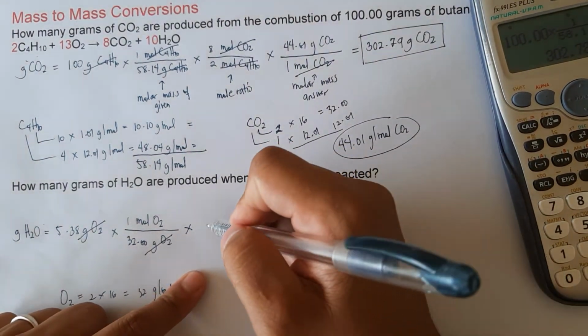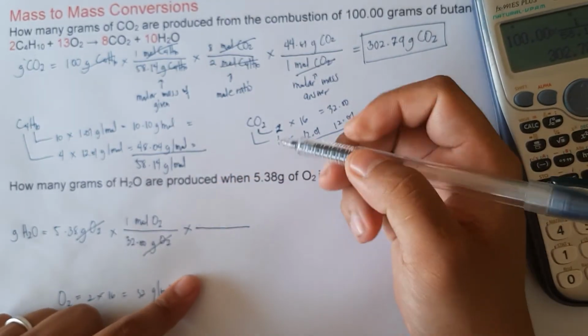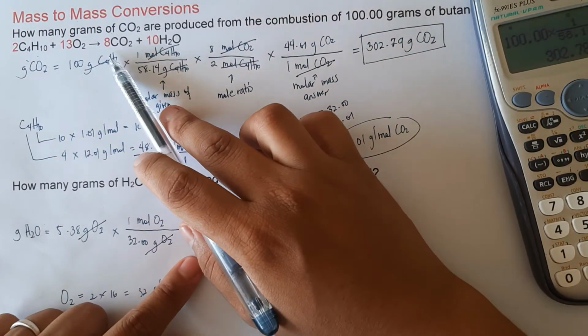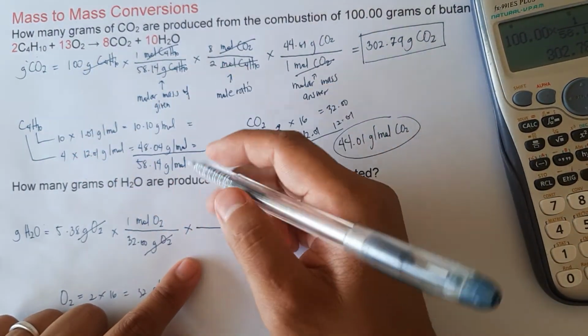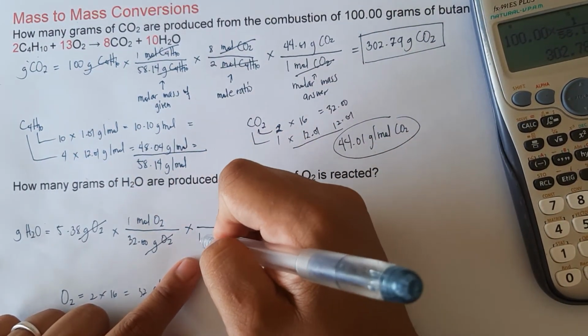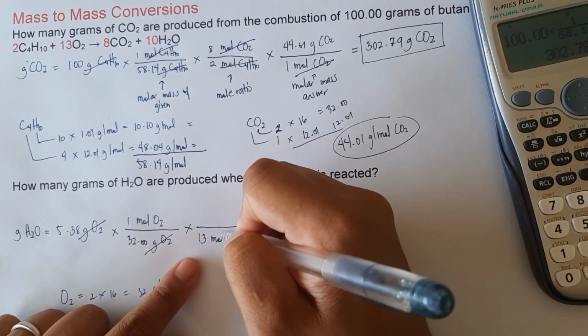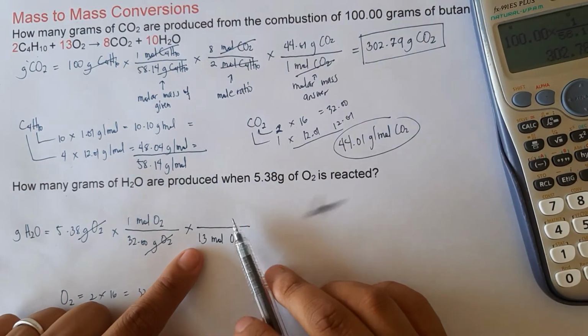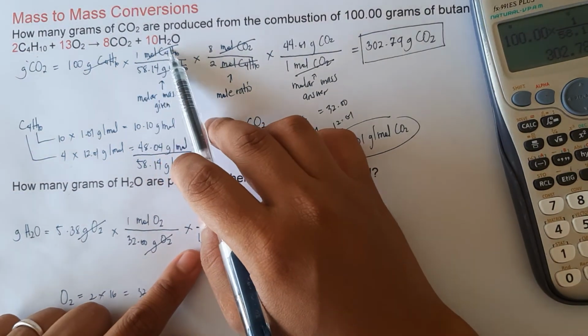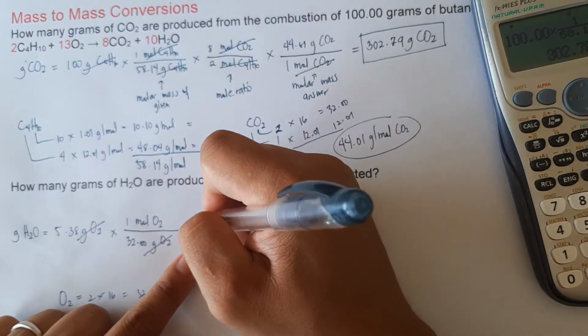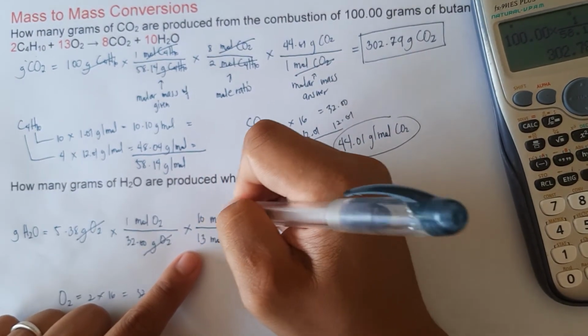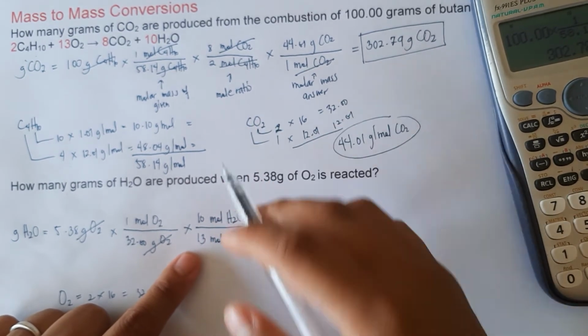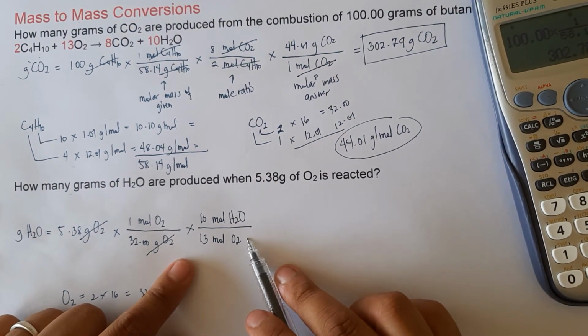So, meaning to say, kailangan nasa ilalim si mole of oxygen gas. So, based from the balanced chemical equation, that is 13 moles of O2. Sa taas, si water, which is 10 moles of water.